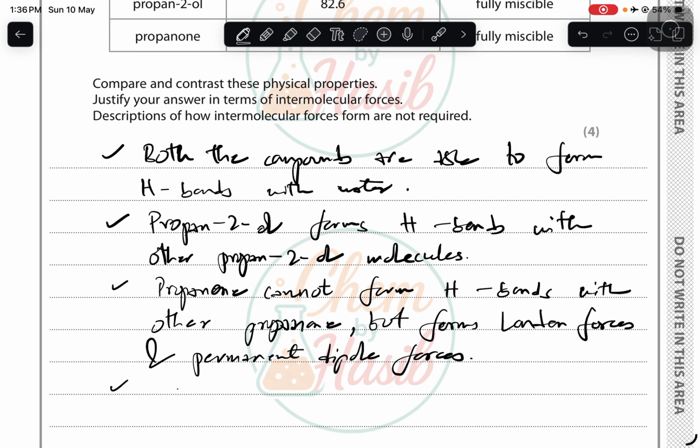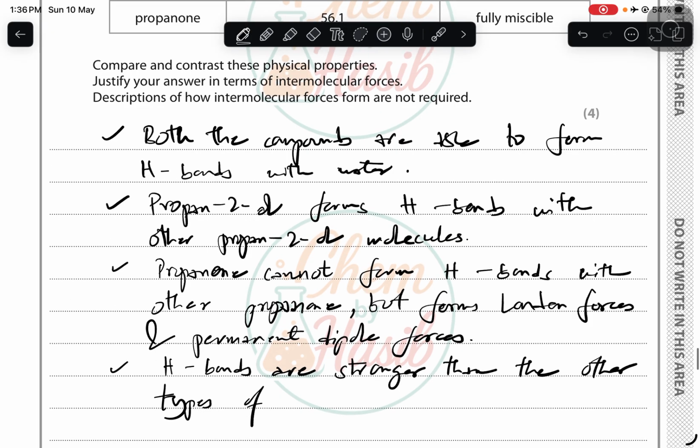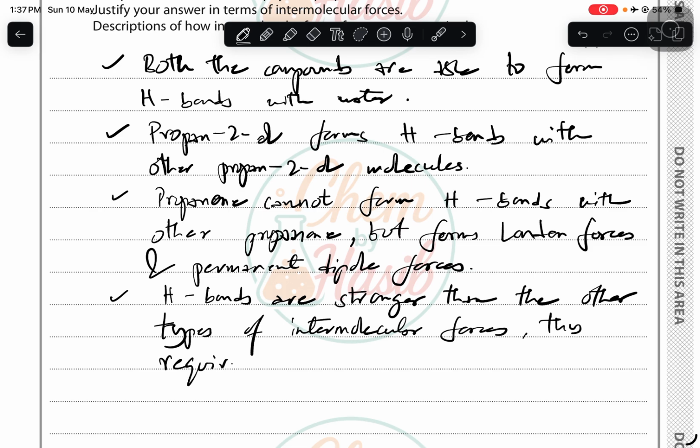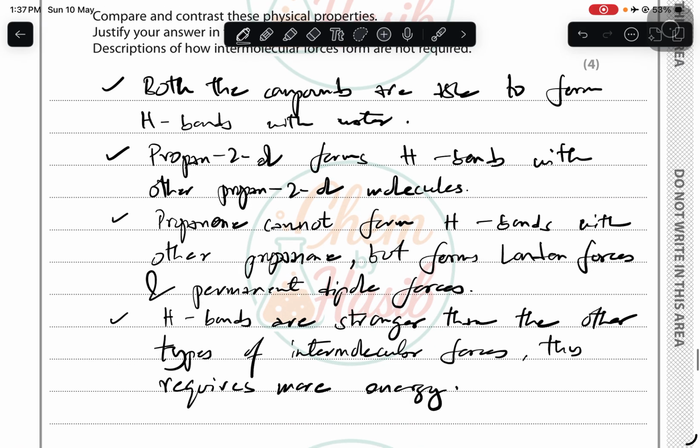And then you have to write hydrogen bonds are stronger than the other types of intermolecular forces, thus requires more energy. Yeah, that's how you write the answer.